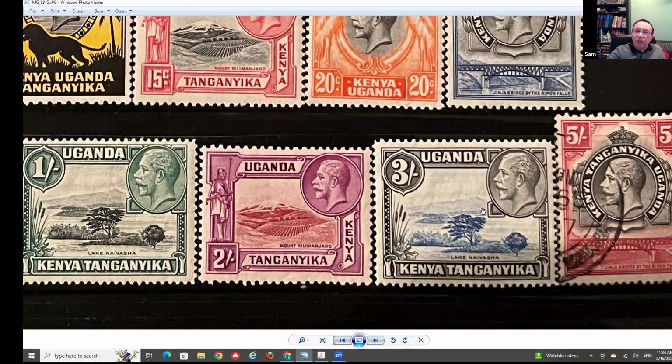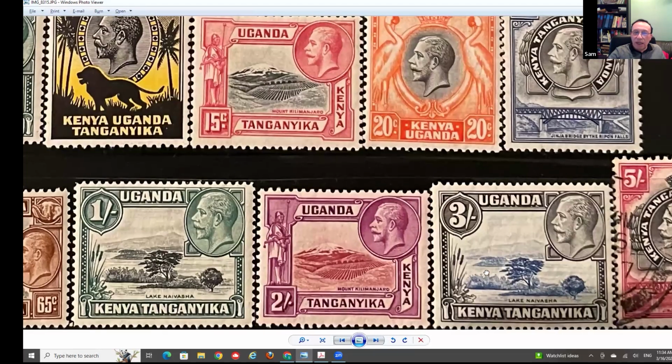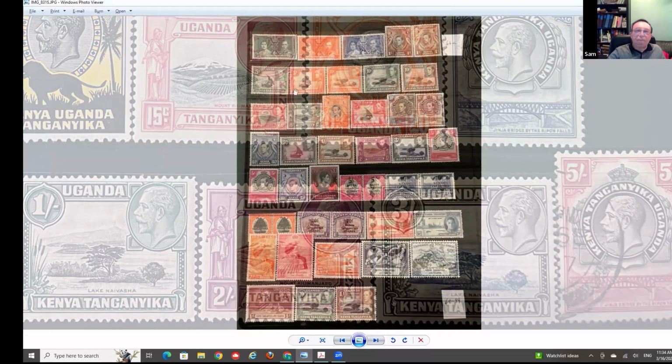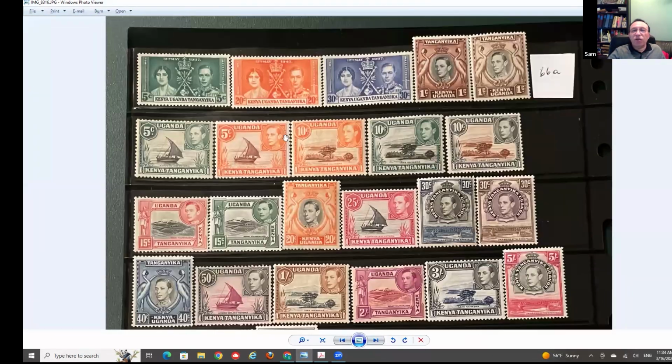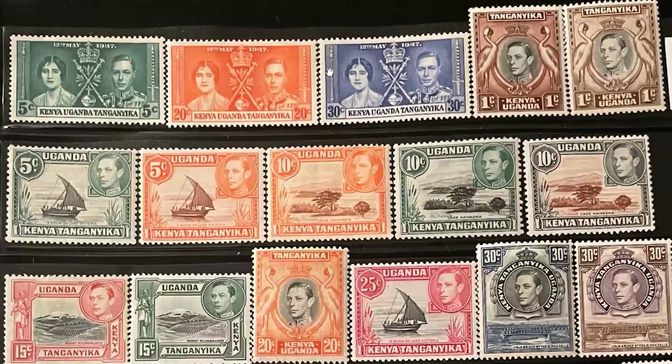Okay. So now these are the stamps showing George V, right? This is 1936, so George V is dead. Now it's George VI. He was crowned in 1937, and this stamp is very popular. We have seen it in many other places.